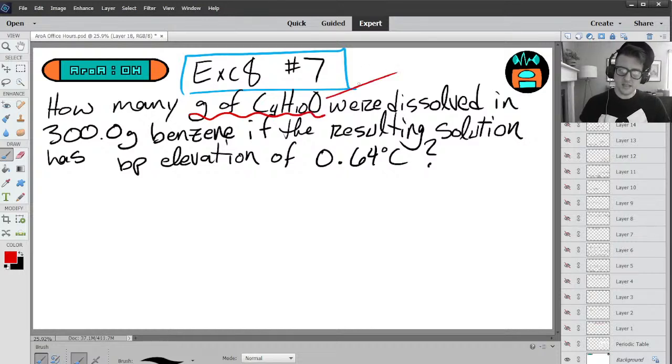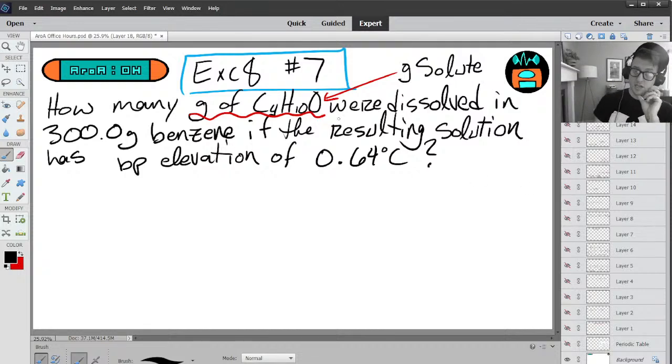This is grams of solute. All right, it's a liquid solute, but it's a solute nonetheless. You're being asked to find grams of solute.